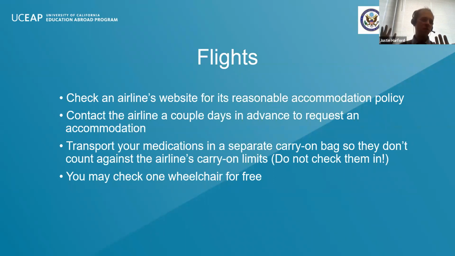Whether they're American carriers or foreign carriers, if you just Google carrier name plus disability accommodation policy, you'll find it. They'll talk about what you need to do if you're going with an adaptive device like a wheelchair, or traveling with an animal, or with medical supplies. So that's the best place to start.